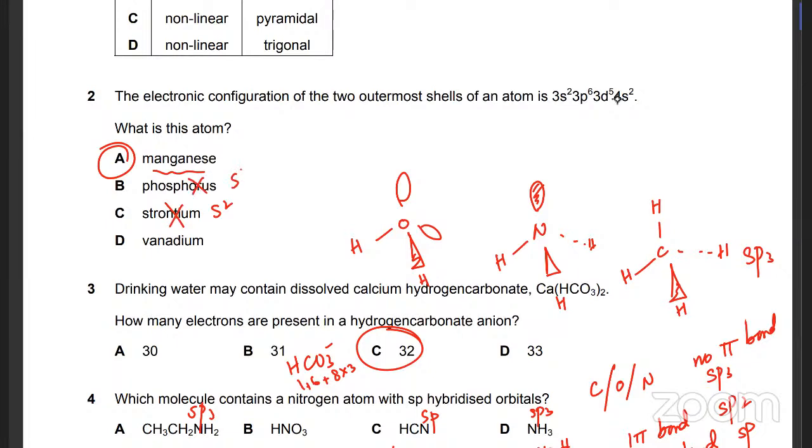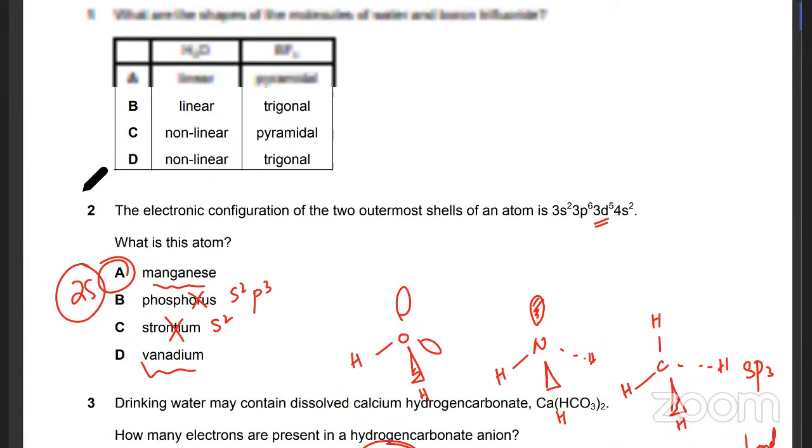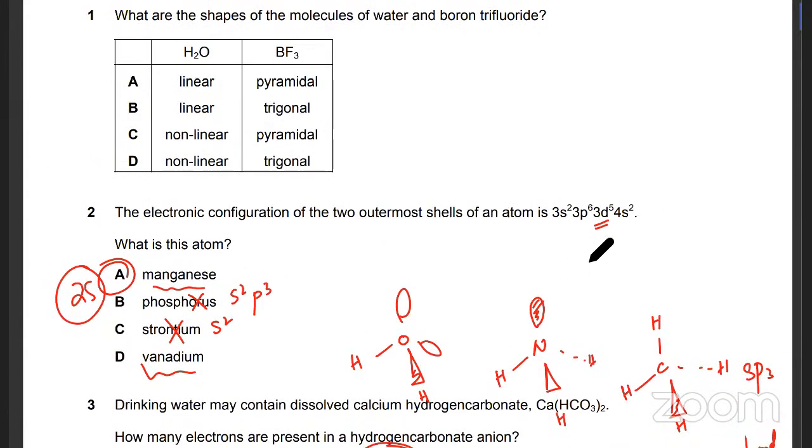Phosphorus is out of contention because phosphorus is group 5, that's s2p3. The only one left is manganese. Mn is a transition metal. It's got 25 electrons. The reason you go for transition metals is that for transition metals the 3d is being filled up. So you should immediately be able to identify that this is a transition metal.